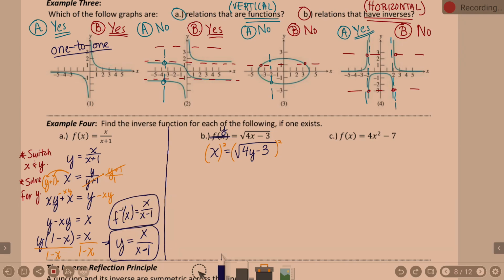When you square the x, it just becomes x squared. I think you guys all know when you square a square root, you just get whatever's under it. So 4y minus 3. Are you seeing this one? Is this one more doable? I like this one better. It's easier to teach because you guys know what you're doing.